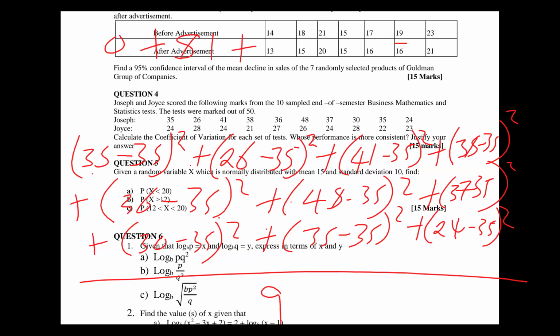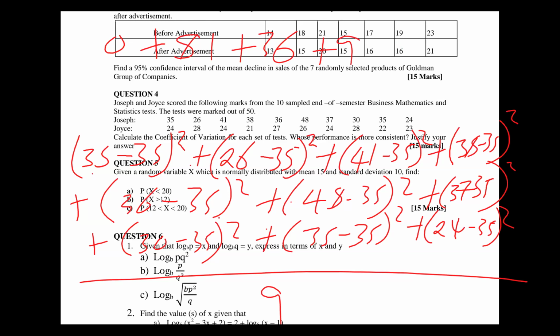Plus 41 minus 35, it is basically 6. Square that, 36. Yes. And then you have 38 minus 35. That is 3. 3 squared is 9. I guess you're following what I'm doing.